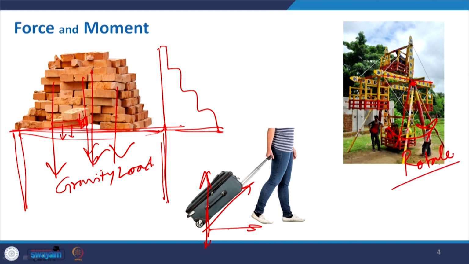So, this is one example of the moment, and these are two forces: one is the pulling force, and this is the self weight, the gravity force acting downwards. With this picture my intention is to make it a little bit easier to understand the force and the rotation.